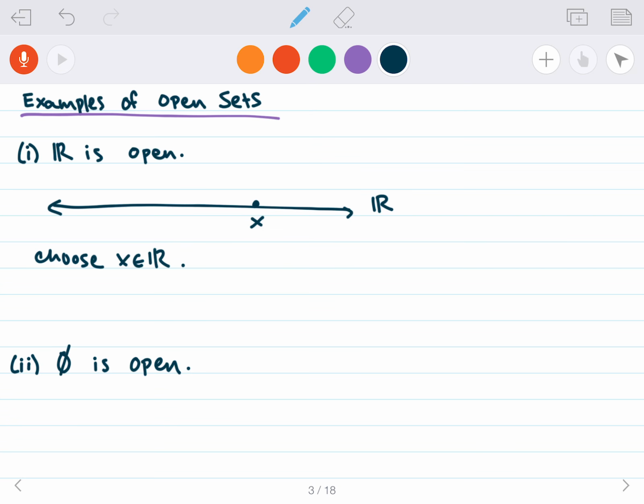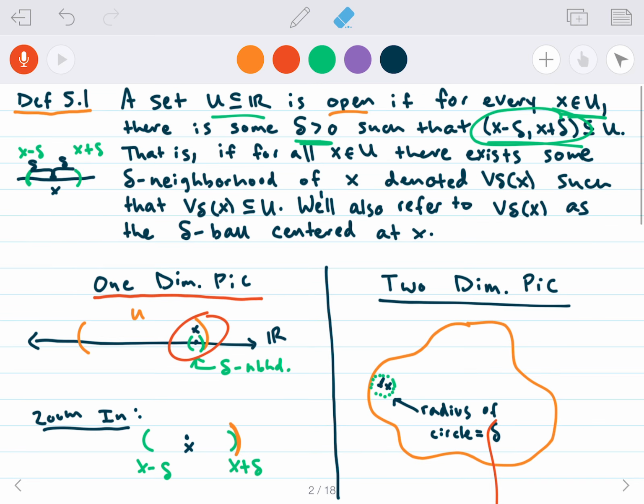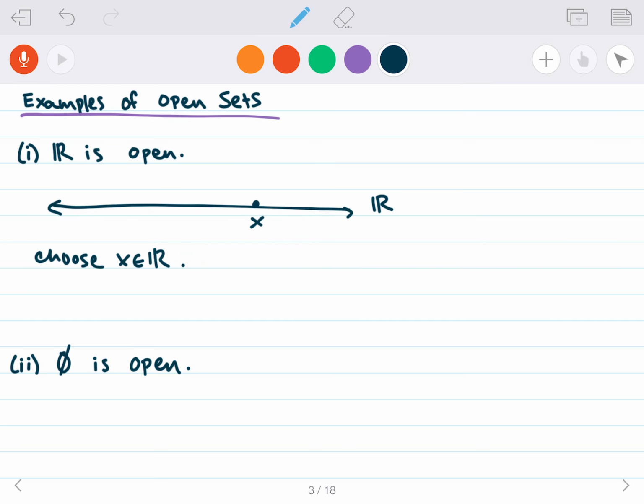Remember, our open definition says that there must exist a delta so that the whole delta ball centered at x is completely contained in the reals. Any delta will do this for us.